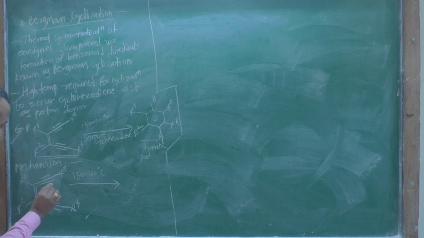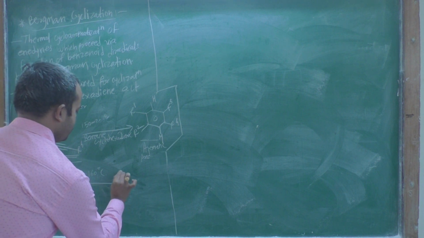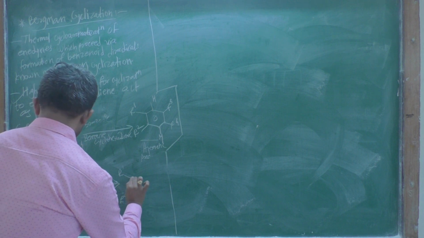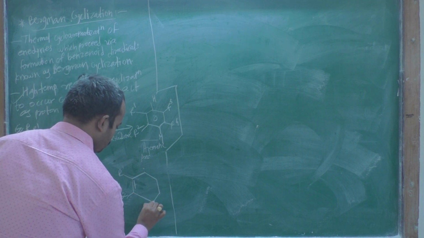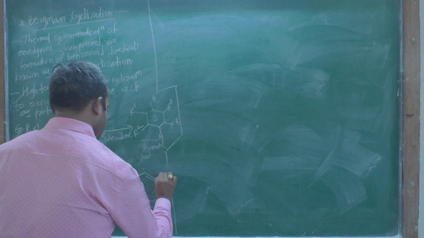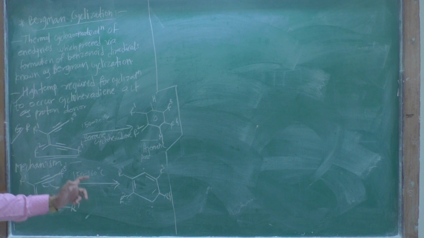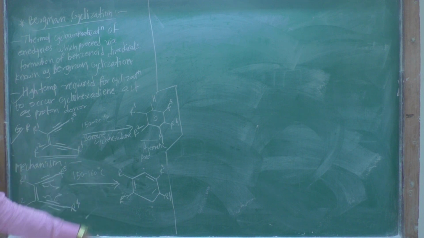Look at this diradical, with R1, R2, this is one radical, and this is also one radical, and this is the double bond, and then R3 and R4. So the benzenoid diradical is produced, that is the Bergman cyclization.